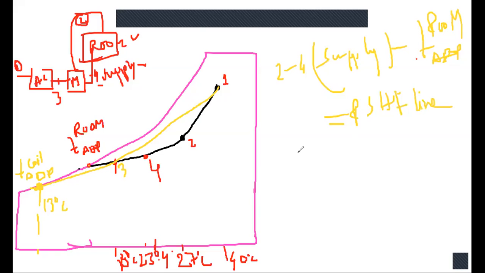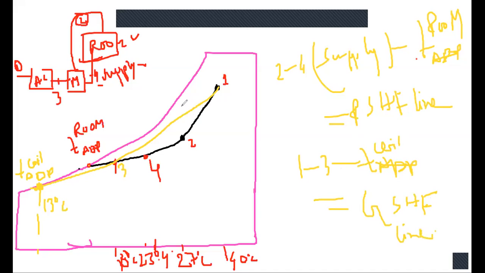And the line between 1 and 3 and TADP of coil, where 1 is before AC and 3 is after AC, is called the gross sensible heat factor line.